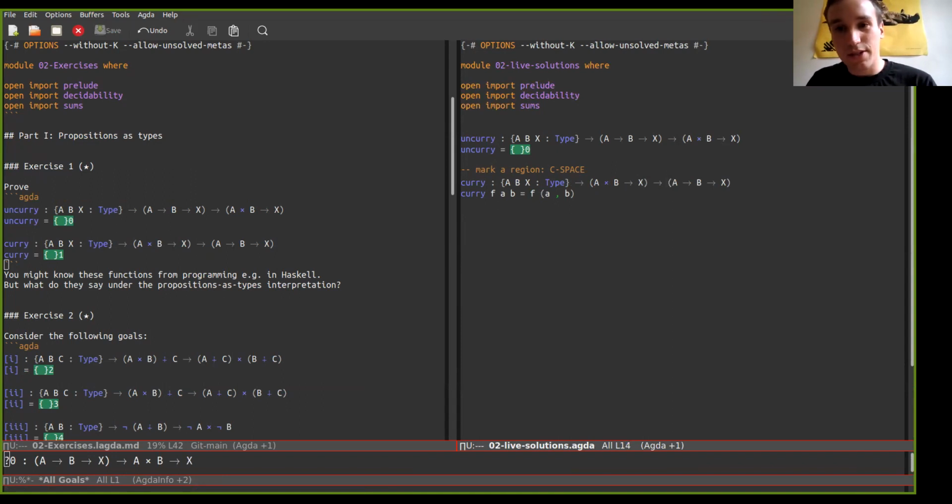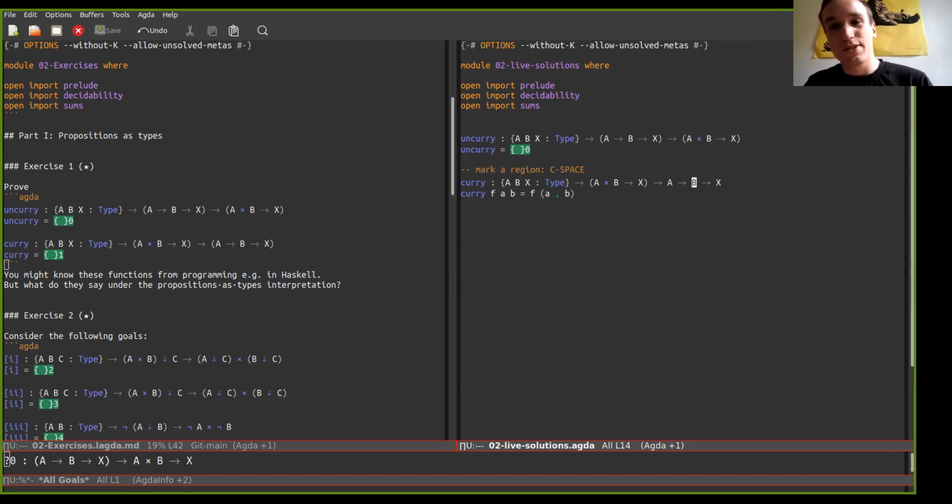Okay, for the other direction, maybe one remark. The way it is written here is suggested for easier reading, but actually those parentheses are not needed in Agda, so this would type-check just as well. The reason is that the arrow is right associative: if you just have a bunch of arrows, it starts bracketing from the right.